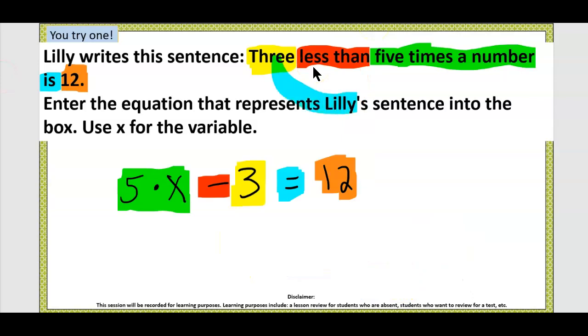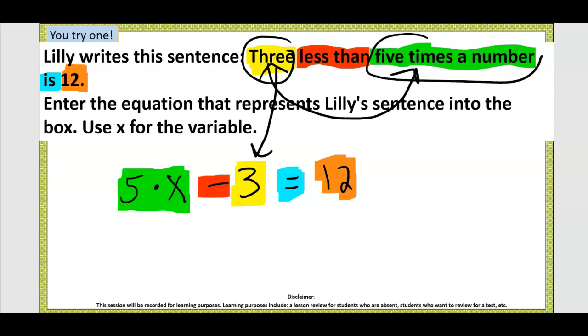Okay, so the 3 and the 5 times a number, we switched. I switched my yellow with my green. I put my 3 here, and I put my 5 times a number here, which is 5 times a number. And for number, we're using x.